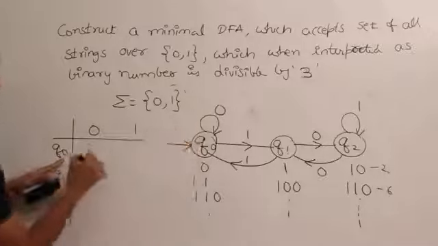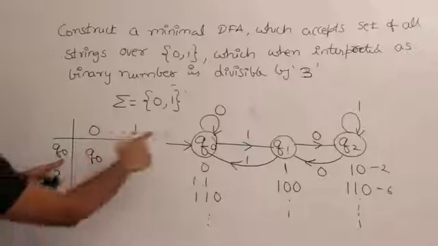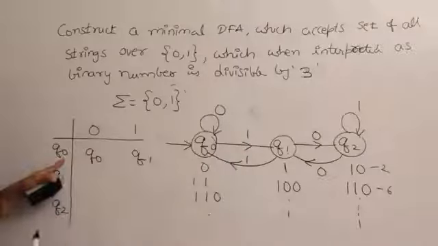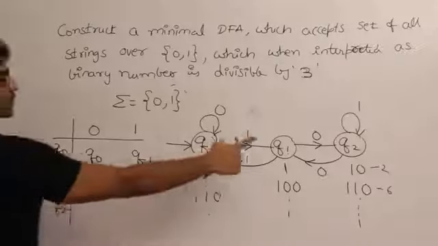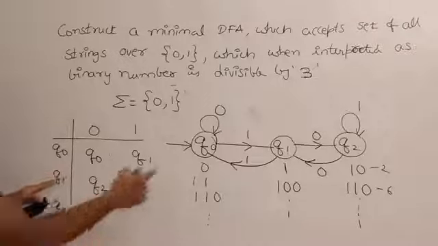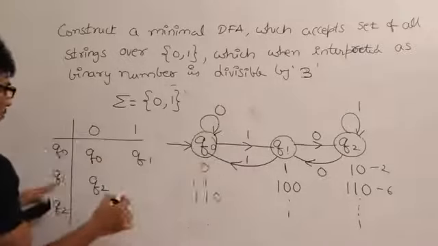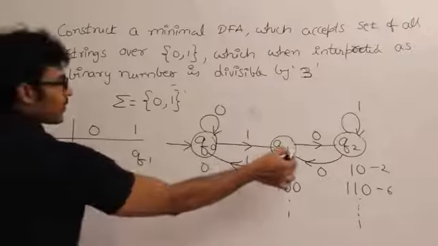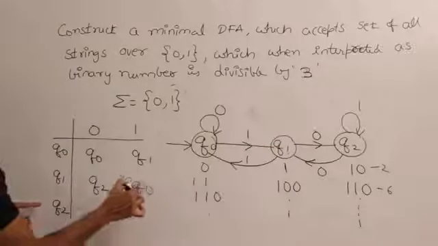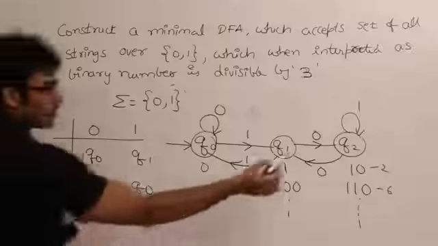Q0 on 0 is going to Q0 and Q0 on 1 is going to Q1. Q1 on 0 is going to Q2 and Q1 on 1 is going to Q0.